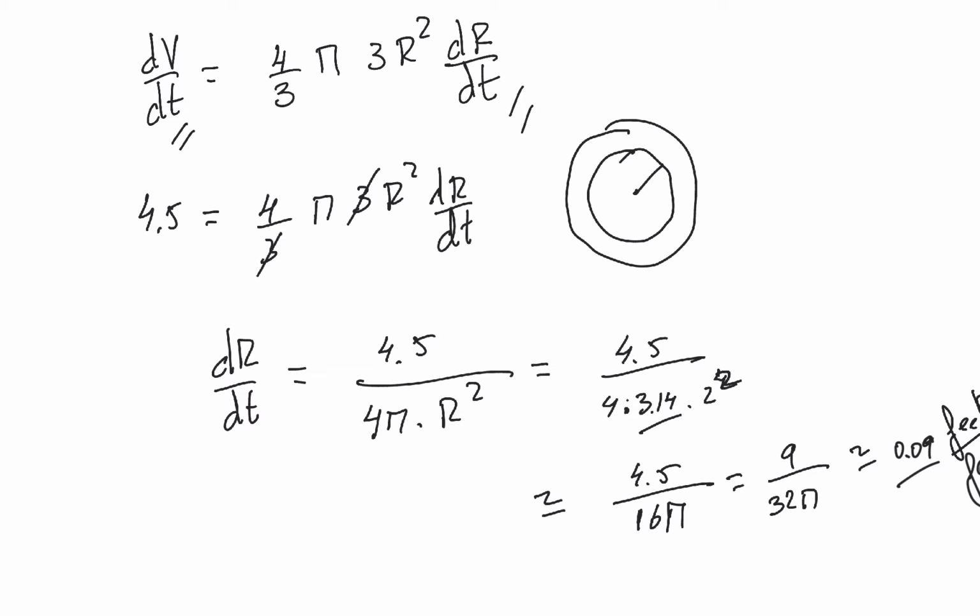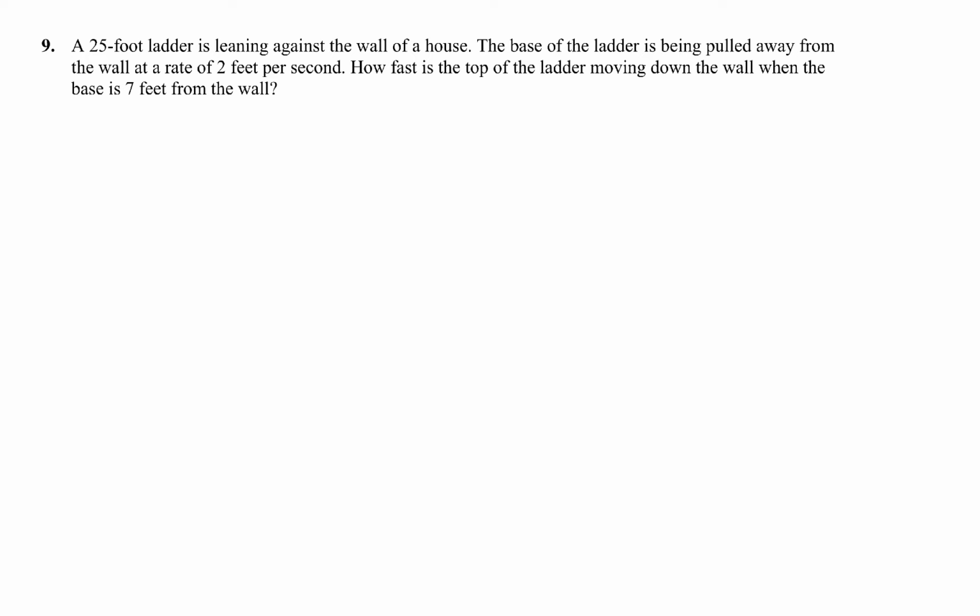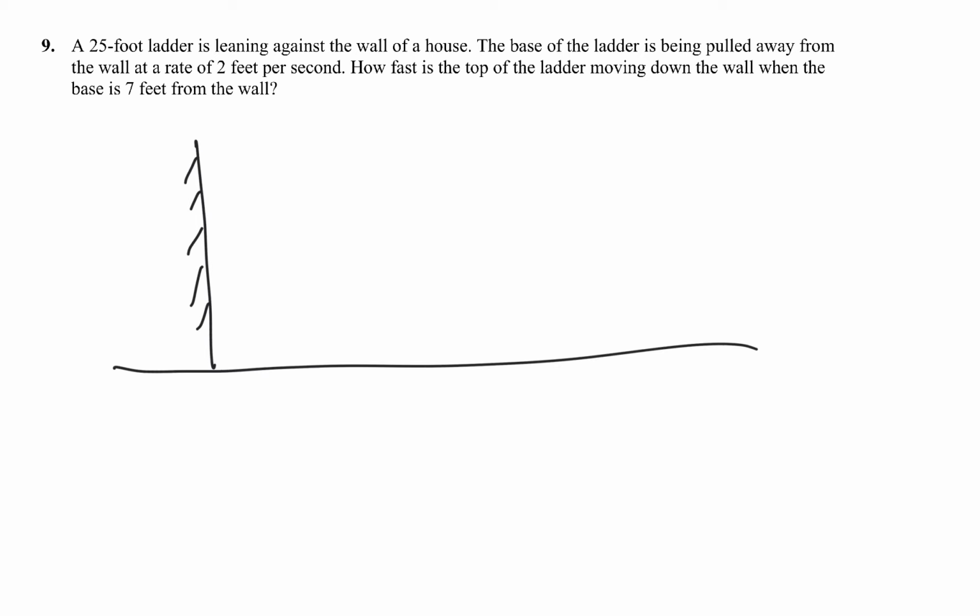Okay, let's go to the next. Let's do problem 9. It's a 25-foot ladder leaning against the wall of the house. So this is the house, this is the wall of the house, and this is the ladder.